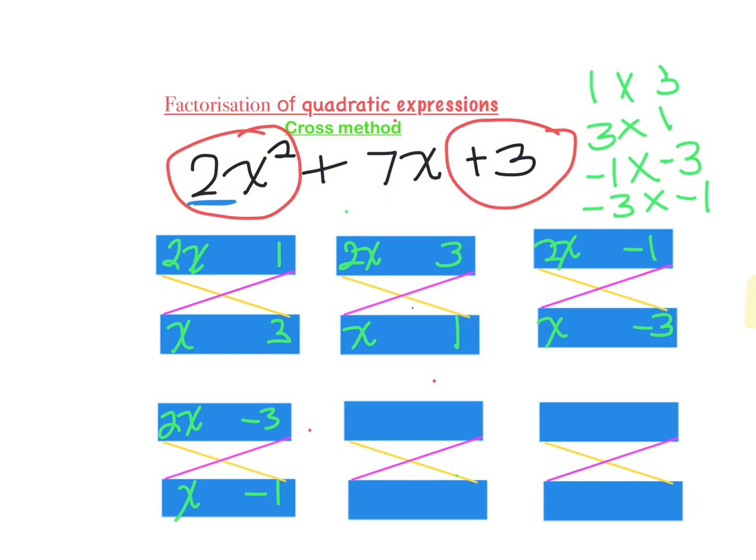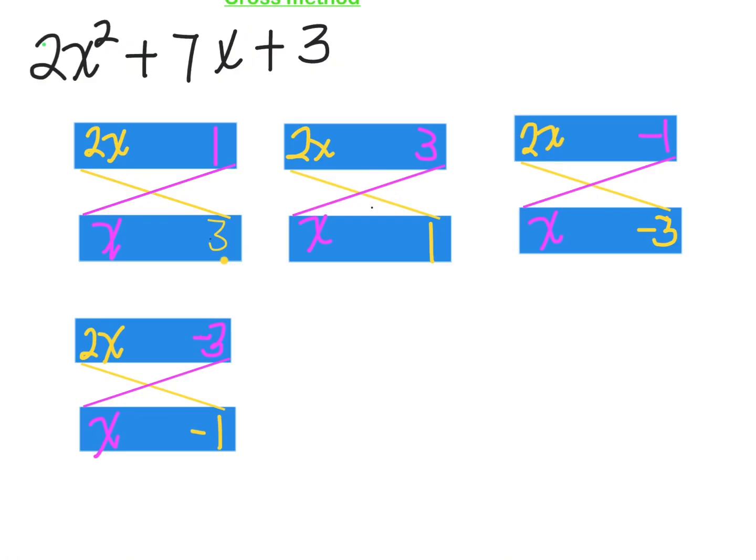Okay, now so we'll have 2x times 3 plus x times 1. As I said, we're going to cross multiply. We multiply 2x times 3, and then we multiply 1 times x, and then we add them, and we do this for all of them.